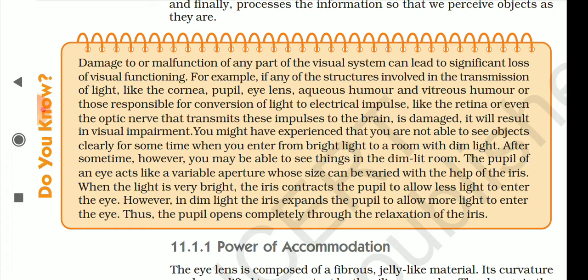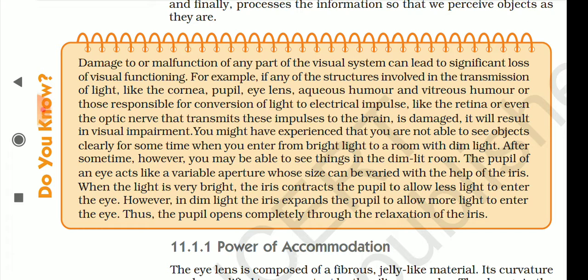The pupil of an eye acts like a variable aperture whose size can be varied with the help of the iris. When the light is very bright, the iris contracts the pupil to allow less light to enter the eye.